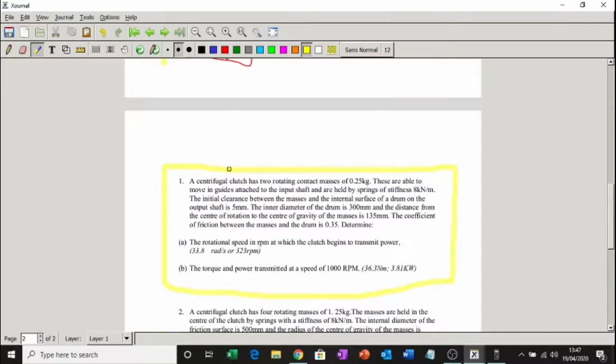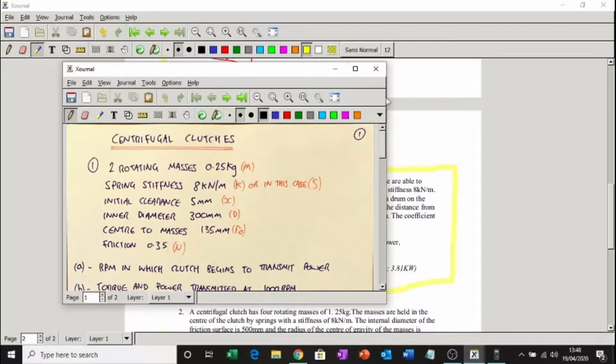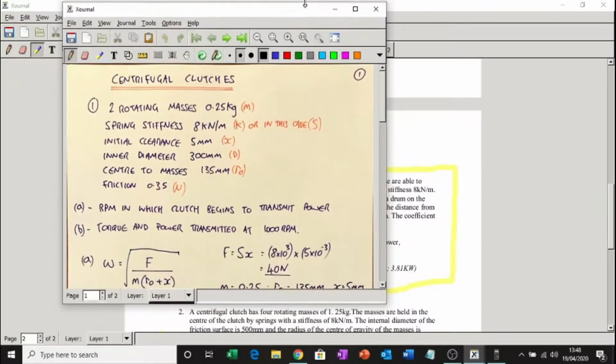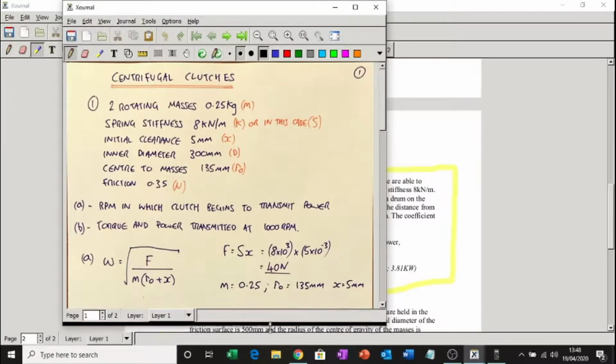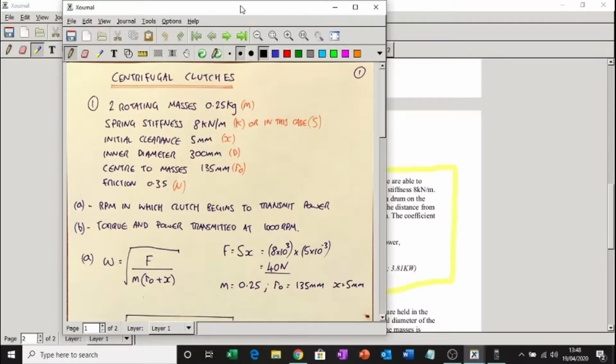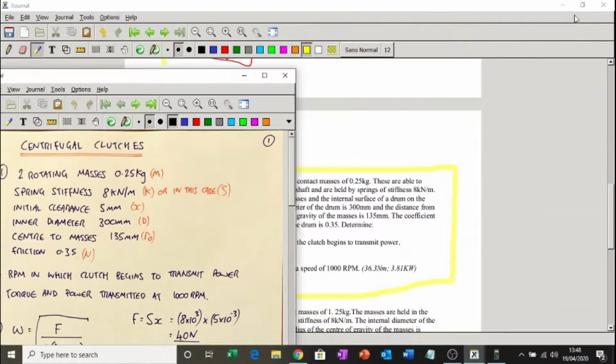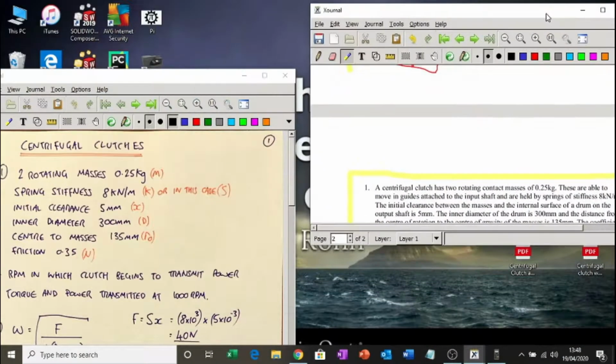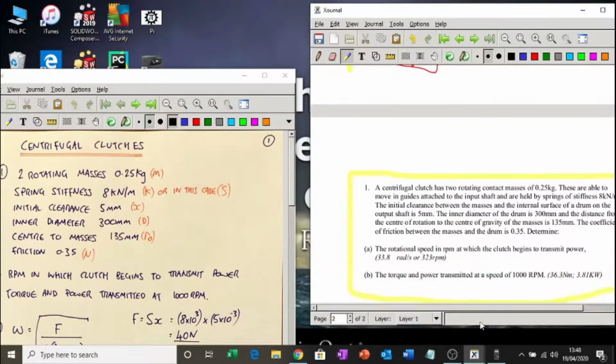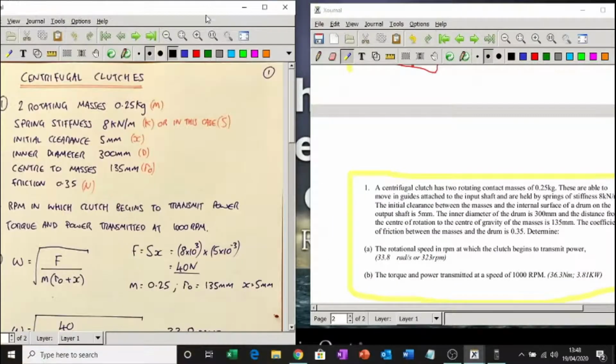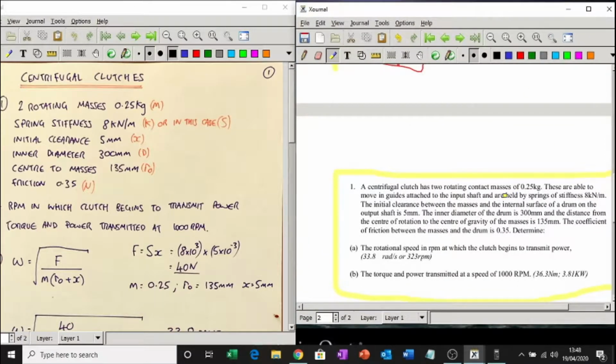So I'm doing number 1 now, and number 1 is here, look. So if you look, let me just minimize that one as well. Let's get this down like that. So here's my rotating masses, 0.25, 0.25, right?